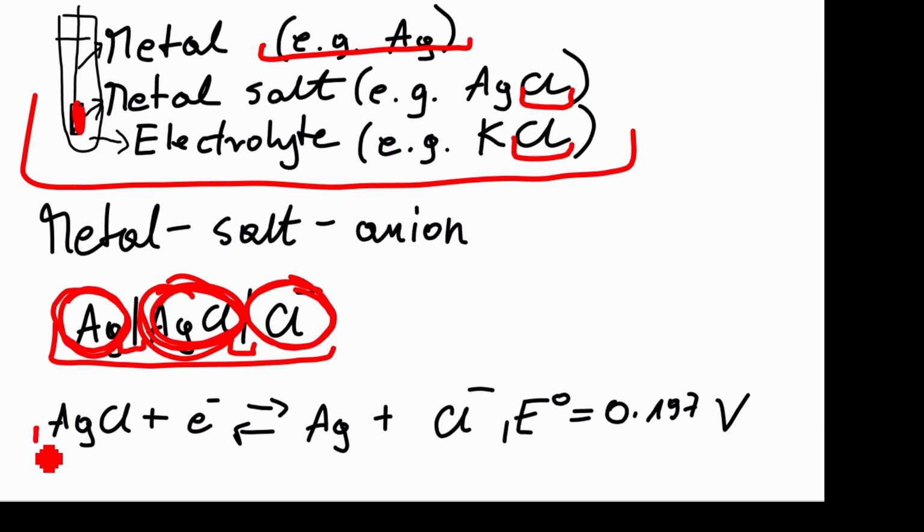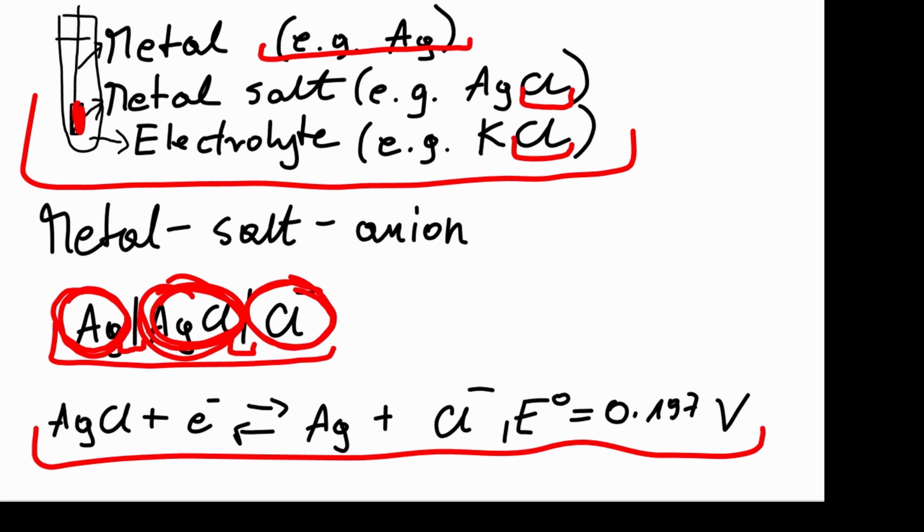In the half cell reaction, when this half cell works as a cathode, the reaction proceeds from left to right. So silver, which is contained in this silver chloride insoluble salt, is reduced to metallic silver.